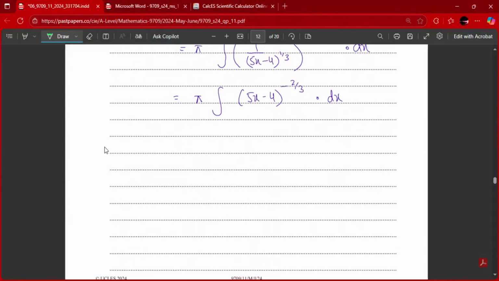Okay, so now let's do it. Let's consider that my u, okay, let's just not use u because my x and u are similar. So let's just take the variable h. Okay, my h is equal to 5x minus 4.